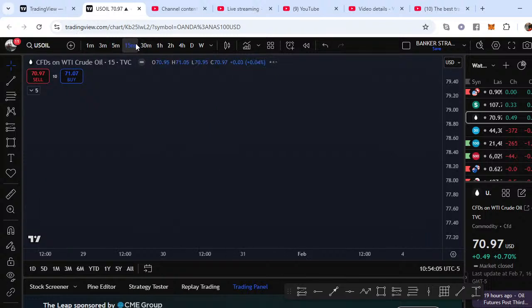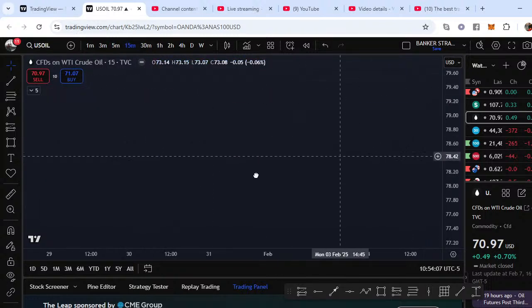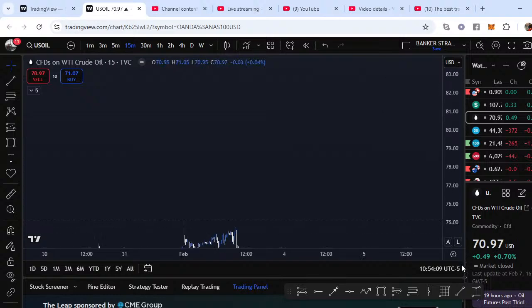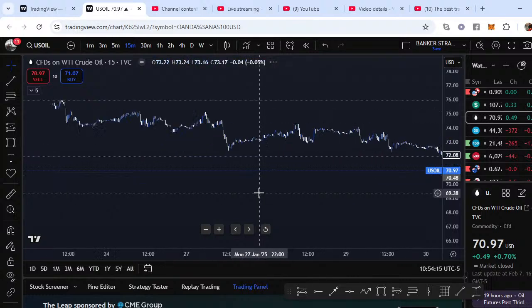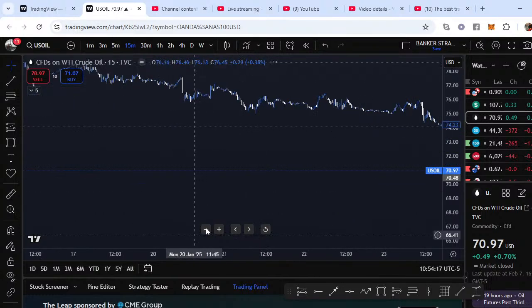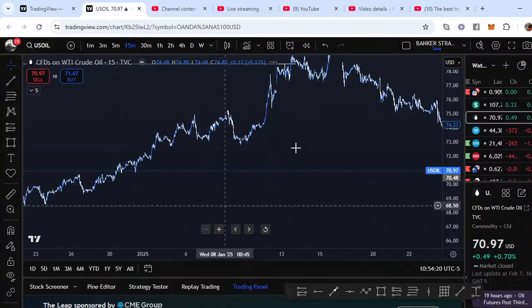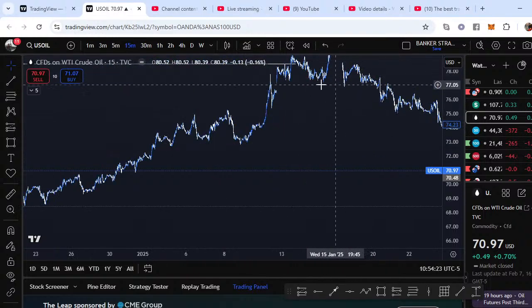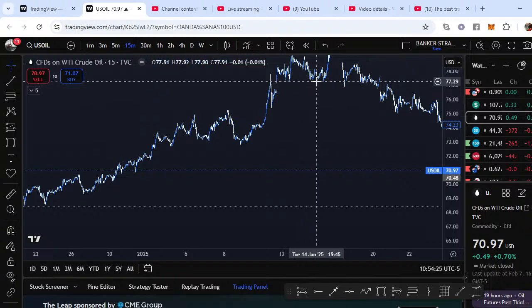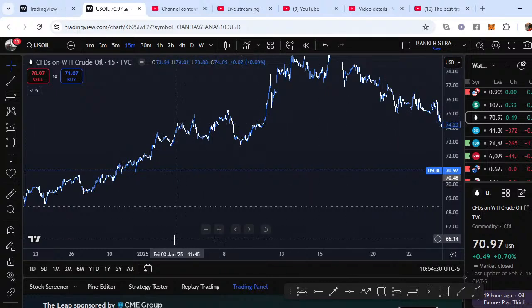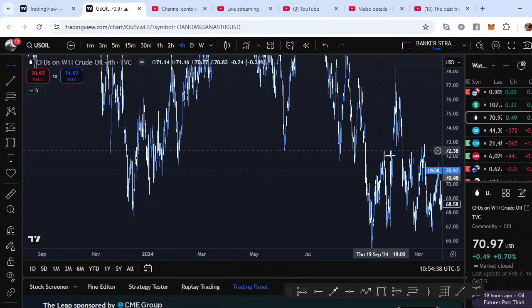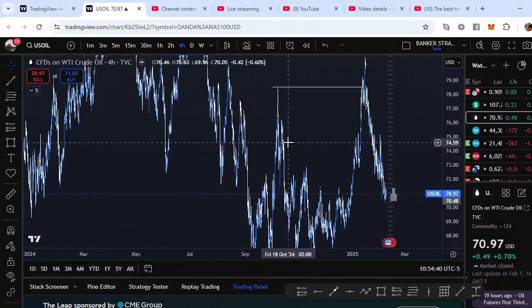So we had that crazy market structure shift on a 5-minute time frame. And it just kept going and broke this structure as well. And from there, you could just hold, hold, hold. And now, how I do the range is simple.